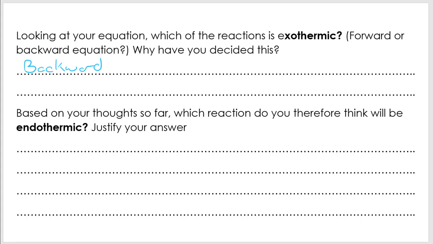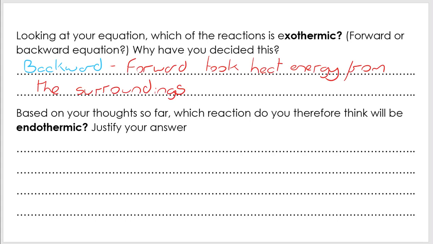Well, for the forward reaction to happen, we had to provide that heat energy, and we were breaking things apart. And breaking things apart is an endothermic process. So the backward reaction, where we're putting things together, would be exothermic.